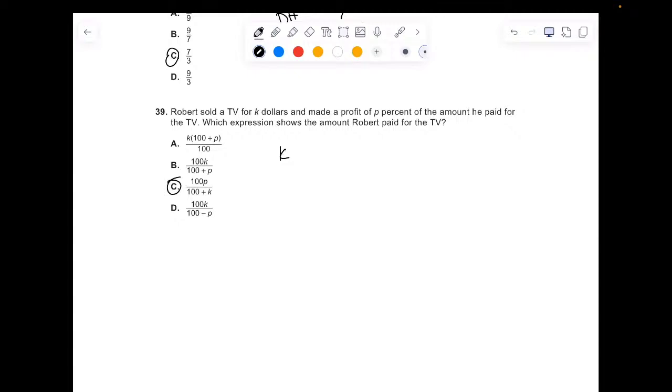It shows how much he paid for the TV. Okay. It's B.